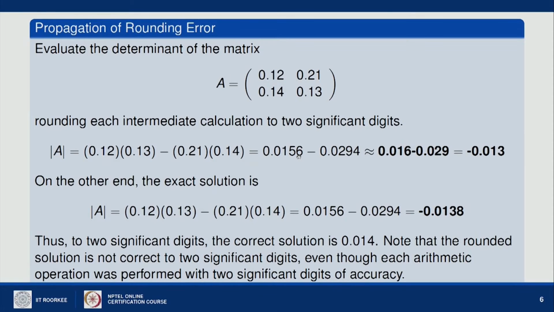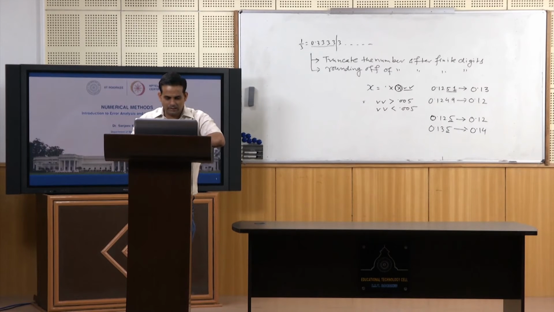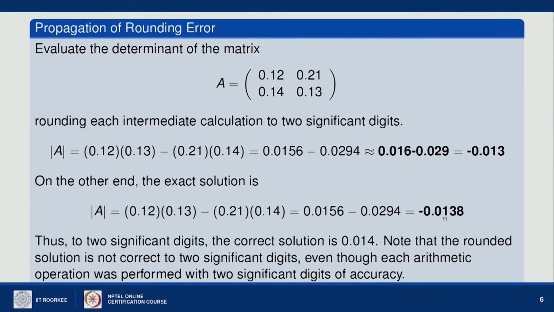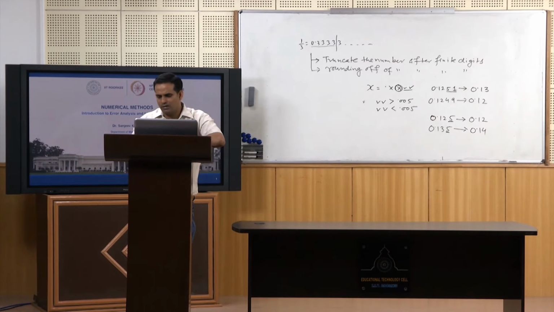0.0156, because here 6 is more than half of the digit, so 0.016, and this will remain as 0.029, and finally the determinant is minus 0.013. On the other hand, the exact solution is this one minus this one, and it is minus 0.0138. Now, if I round up the final result up to 2 significant digits, it will become minus 0.014.